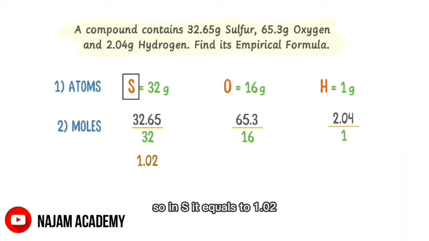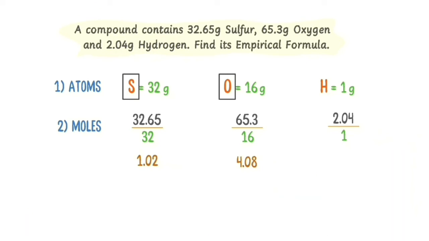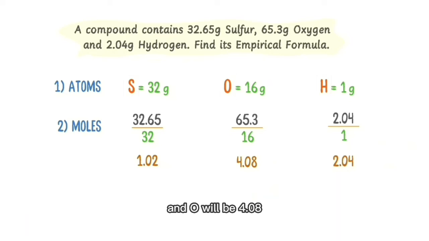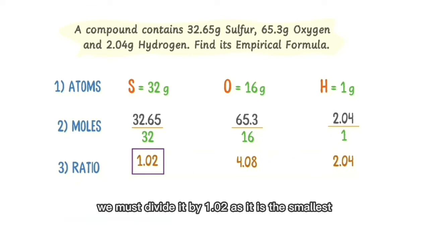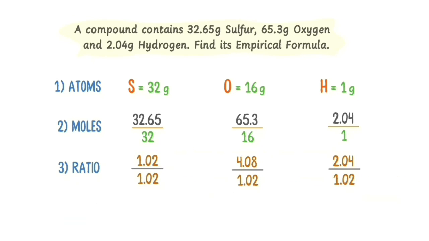So S will be equal to 1.02, O will be 4.08, and H 2.04. For us to be able to find the ratio, we must divide it by 1.02 as it is the smallest.